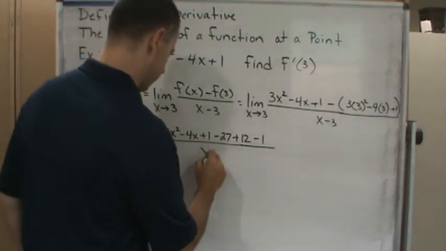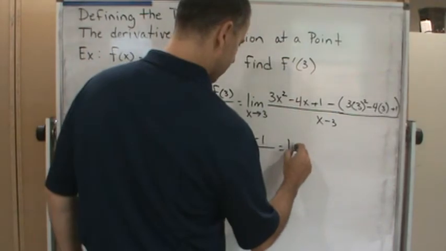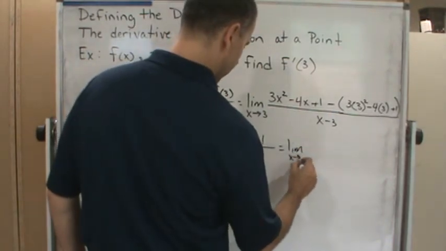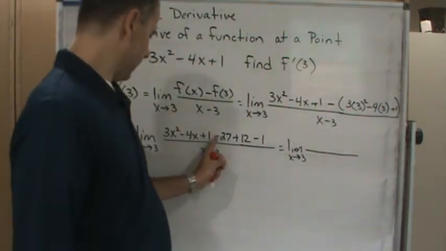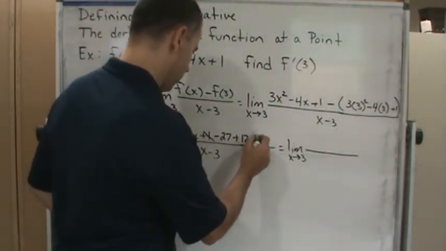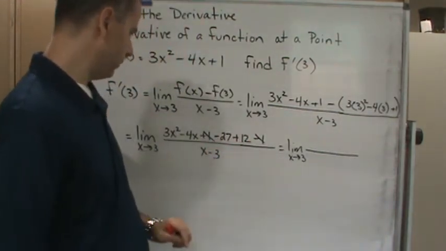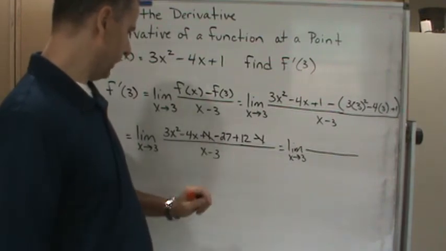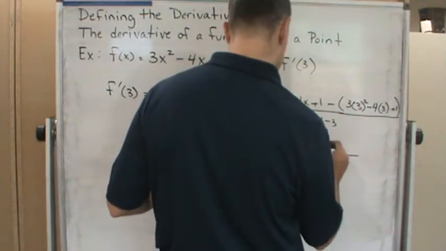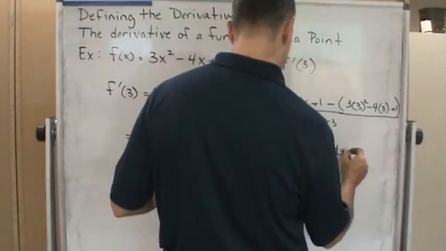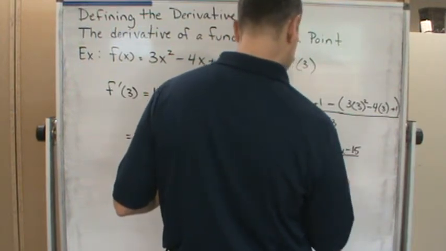And then, of course, I get x minus 3 here. And now I'm going to rewrite it and simplify more. And again, the limit as x approaches 3. Okay, so now what happens here? 1 cancels with 1. And then minus 27 plus 12 is going to give me a minus 15. So this is going to be 3x squared minus 4x minus 15 over x minus 3.